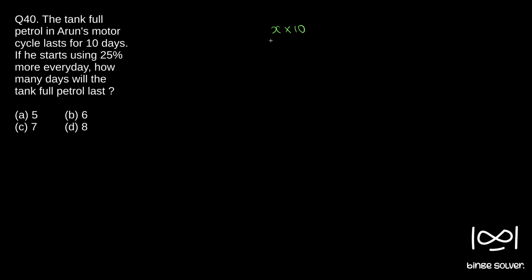Now the question asks if we start using 25% more every day, so x becomes 1.25x. If it is increased by 25%, it becomes 1.25x. So 1.25 into the number of days is equal to x into 10. We have to find this d. So x cancels and d is 10 by 1.25.